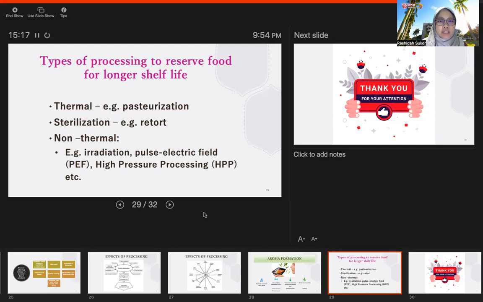For example, irradiation, pulse electric field, PEF, high pressure processing, etc. So we will cover this non-thermal processing hopefully in our next slide, where I will cover a bit of each of the non-thermal processing and what the principles are.